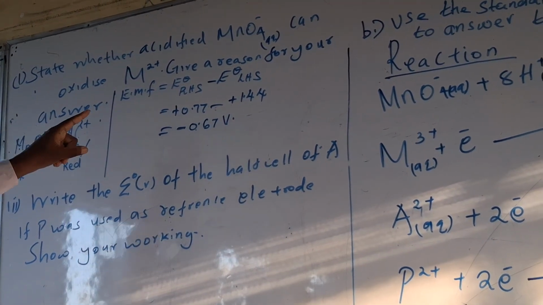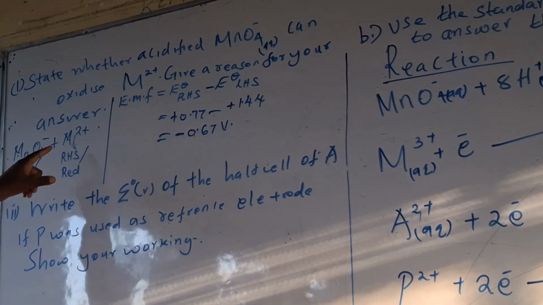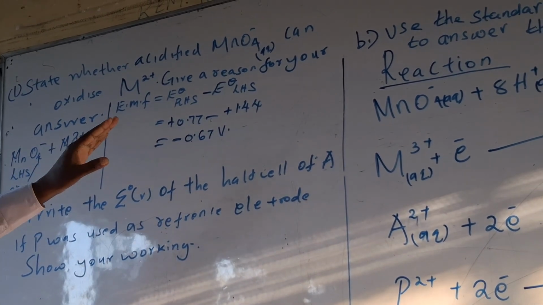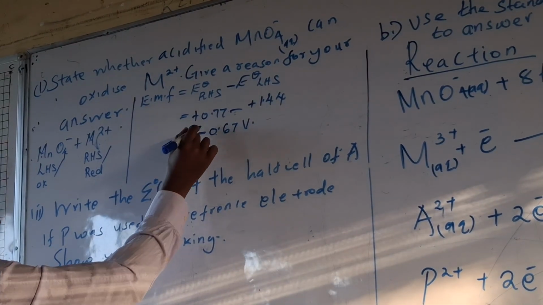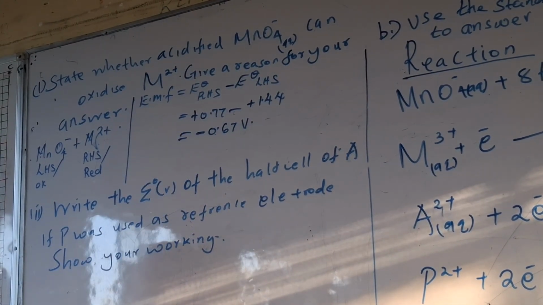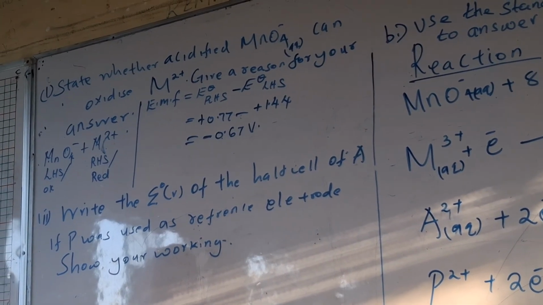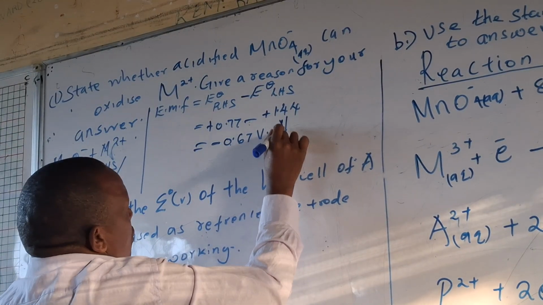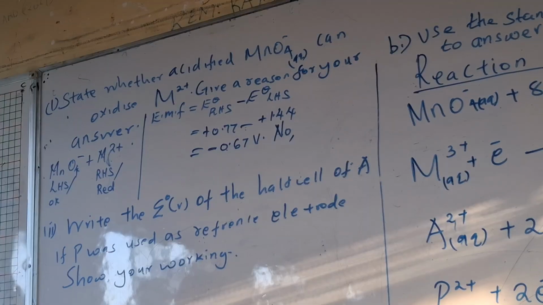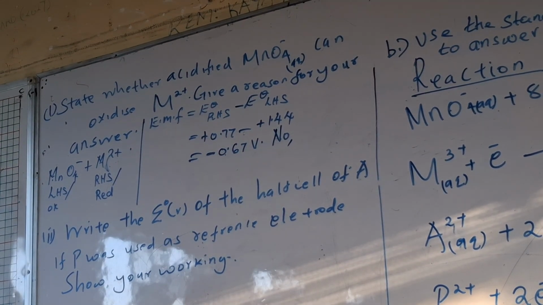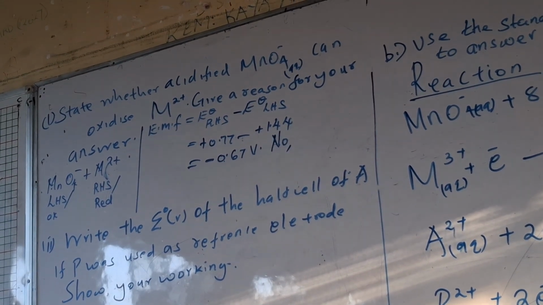Now let's go back to the question. State whether acidified manganate 7 can oxidize Mn2+. Give a reason for your answer. Can it oxidize? No. You look at the value. Is it positive or negative? Negative. So you say no, you put a comma, and then you explain. You say EMF of the cell is negative.